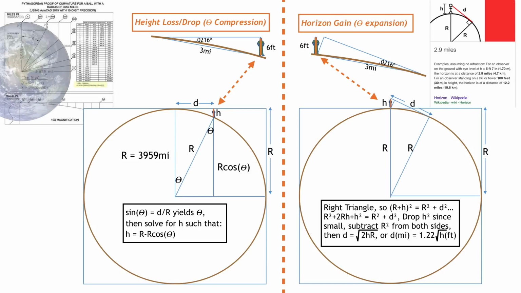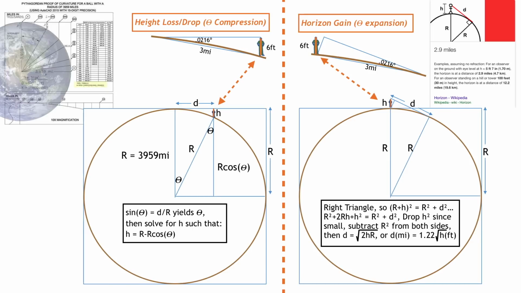So for the circle here, you need sine theta is equal to the distance over which you're observing something drop divided by r, the radius of Earth, where theta is that arc angle. And then you're going to solve for the height of that drop, such that the height is going to equal the radius minus the radius times the cosine theta. And you can see from the trigonometry there how you get those angles from those arc lengths and so forth.